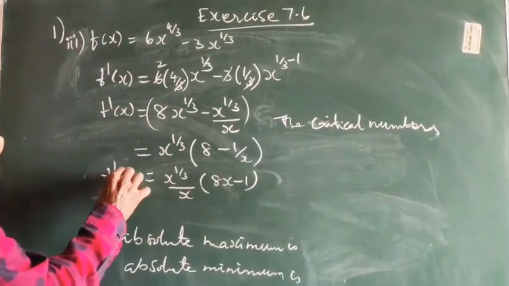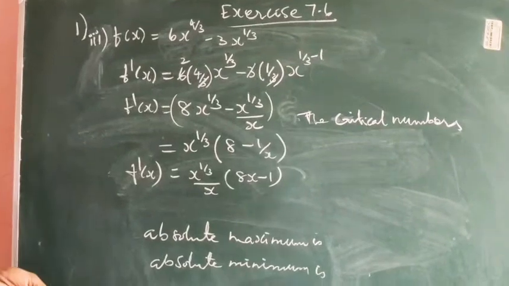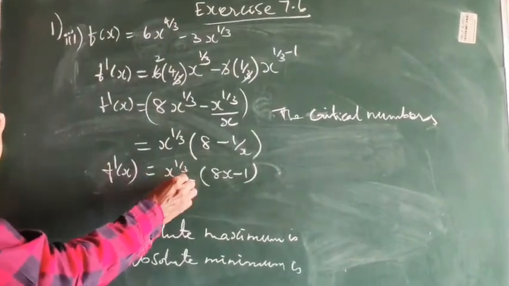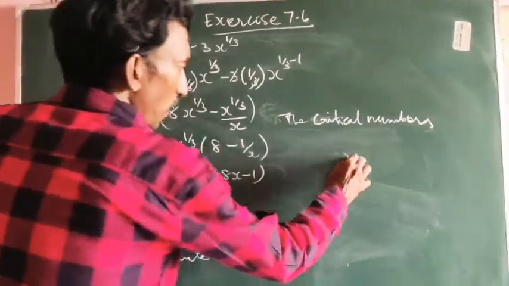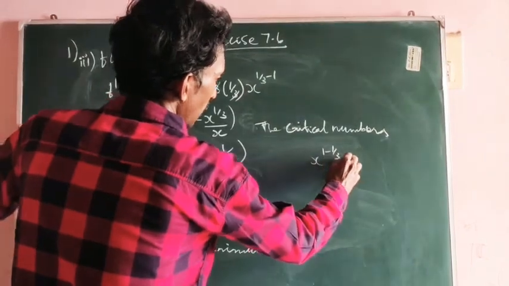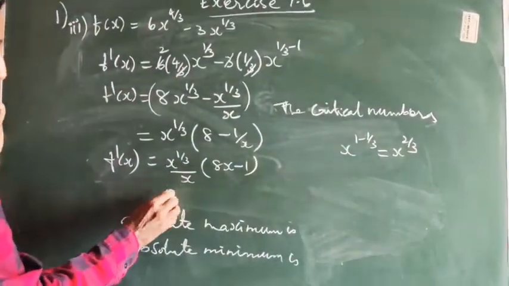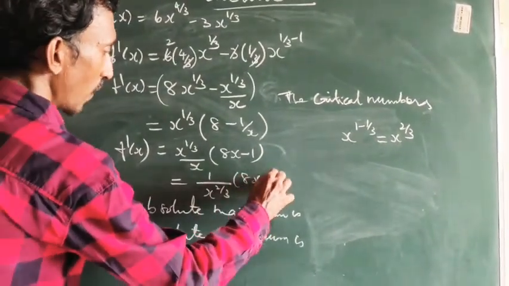Now we already know the definition: critical numbers mean either the first derivative equal to 0 or the first derivative does not exist. Or if you want you can move this to the denominator. It becomes x power 1 minus 1 by 3, which is x power 2 by 3. So you can rewrite as 1 by x power 2 by 3 into 8x minus 1.